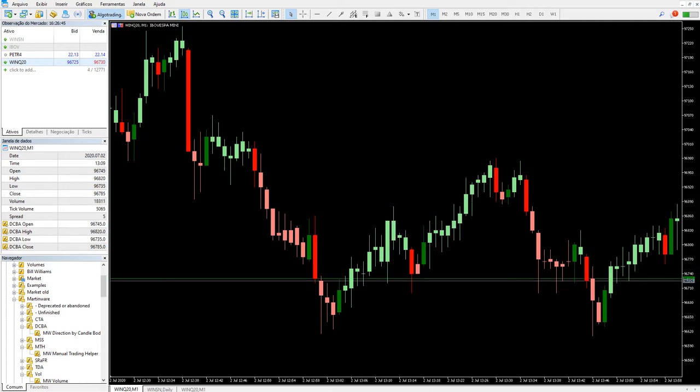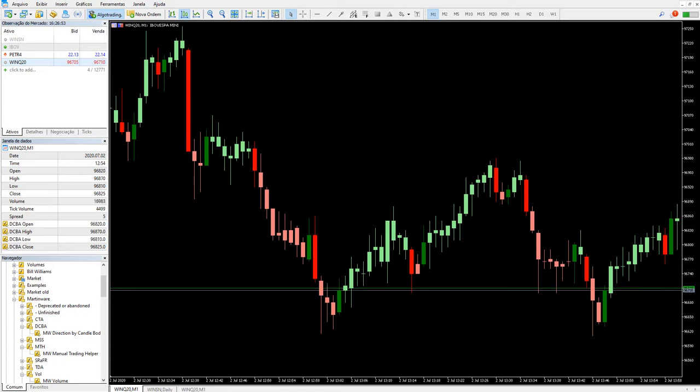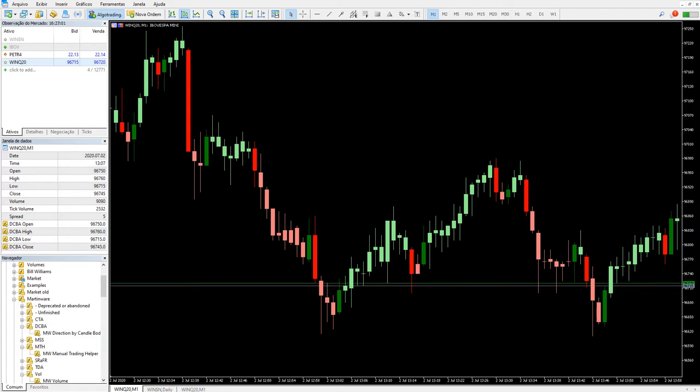So, what does this indicator do? It is very similar to a moving average. It's a trend indicator. You can see here by the coloring that when it enters a trend, it shows one color, and another color for up and down trends. And just like a moving average, it's lagging.